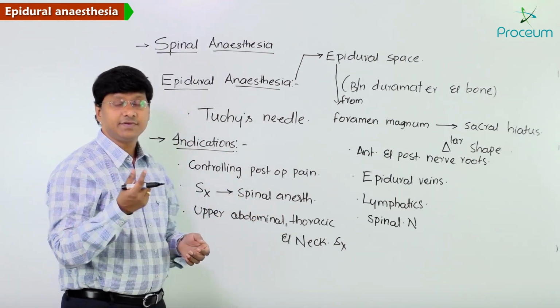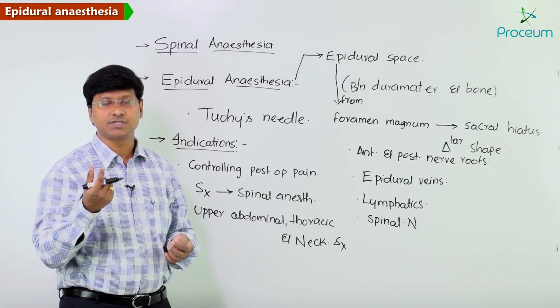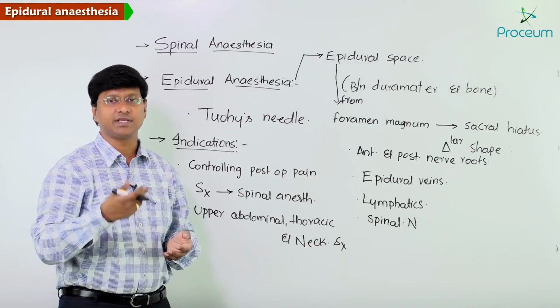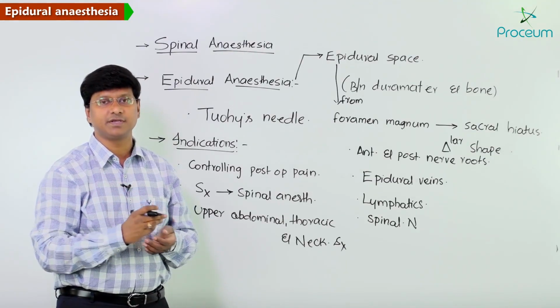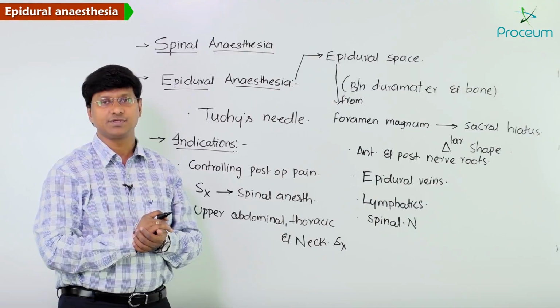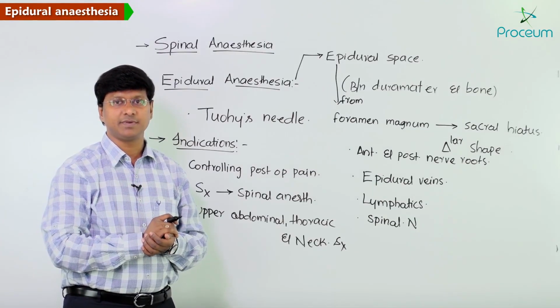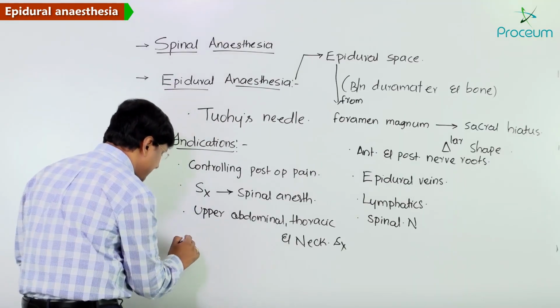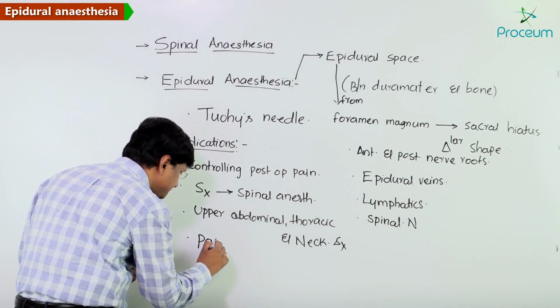Alright, next, in gynecological conditions like painless labor. During labor, whether the first, second or third stage, there will be very severe labor pains. To control these labor pains, epidural anesthesia can be given, for having a painless labor.